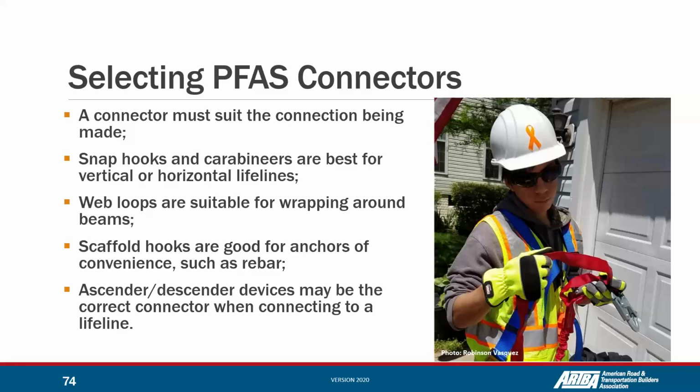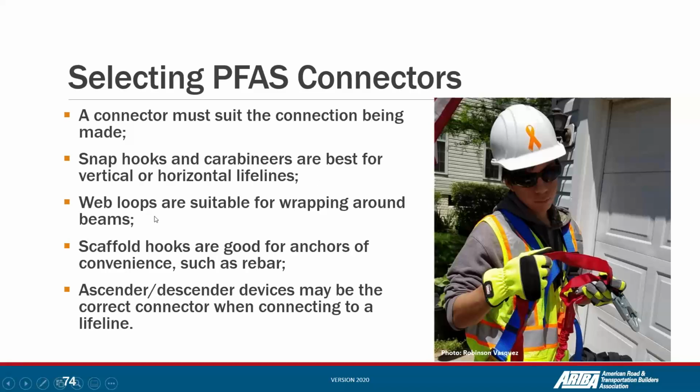We also need horizontal lifelines if workers are moving horizontally, from one side to the other. So the general recommendation is that snap hooks and carabiners are best for vertical or horizontal lifelines.